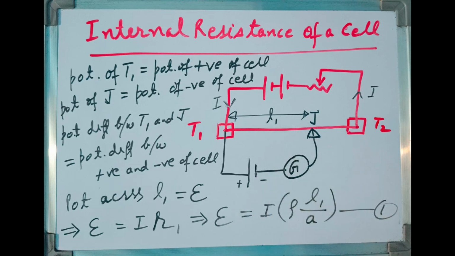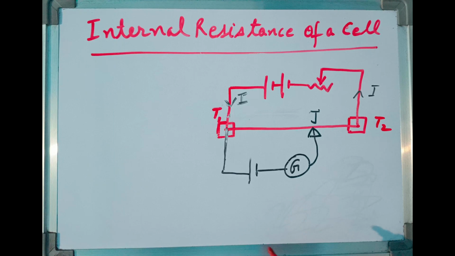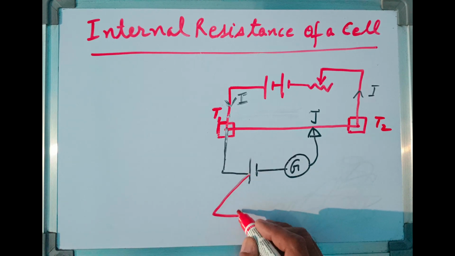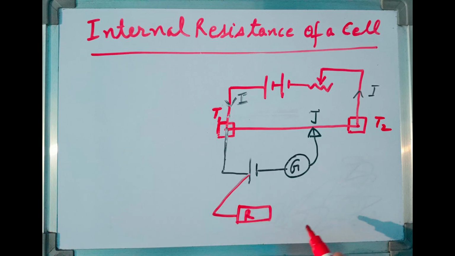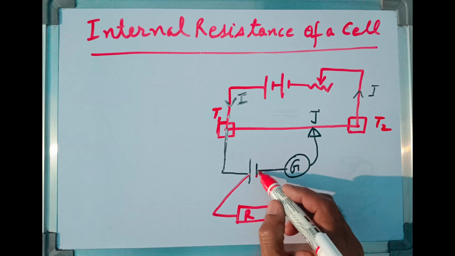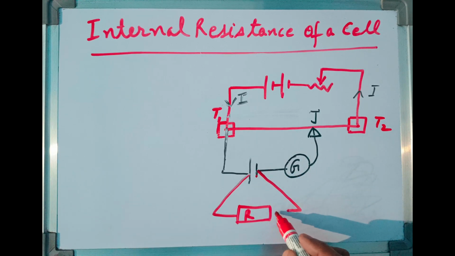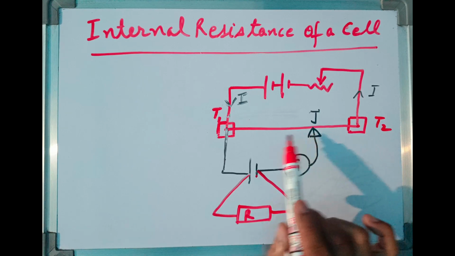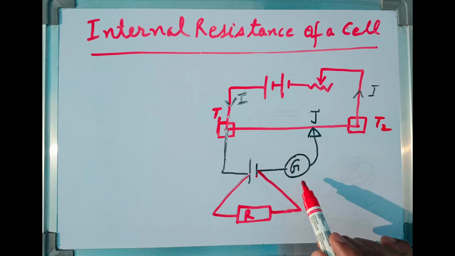In the second step, we connect a high resistance of some known value, let's call it high resistance R, across the two terminals of cell, and again we move the jockey on potentiometer wire in such a way that galvanometer again shows zero deflection.